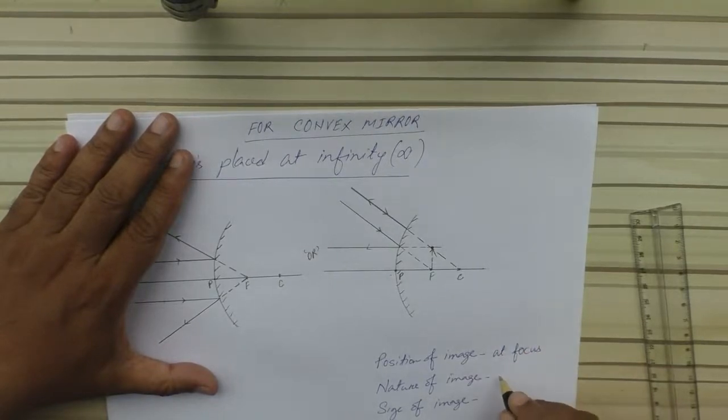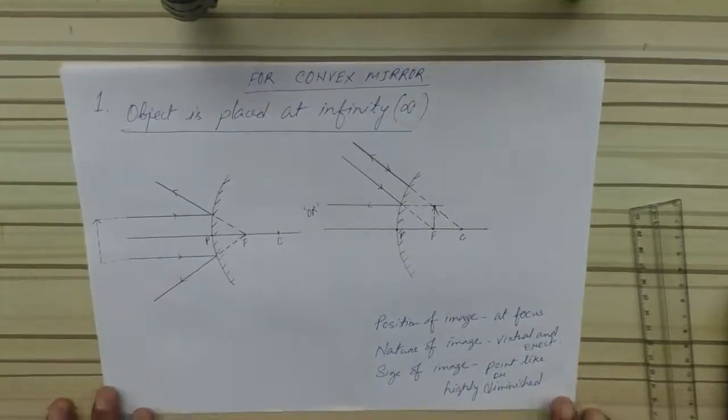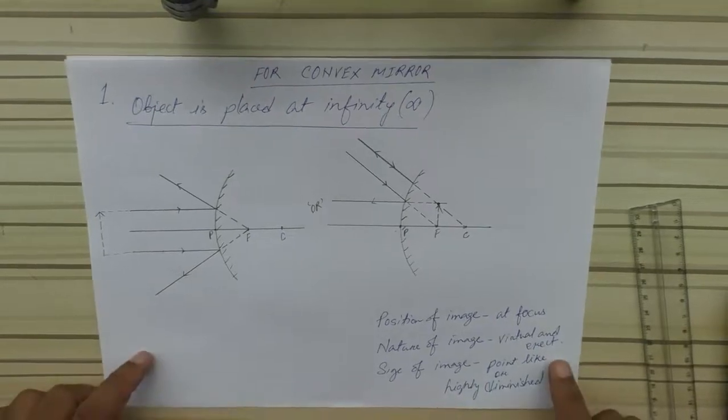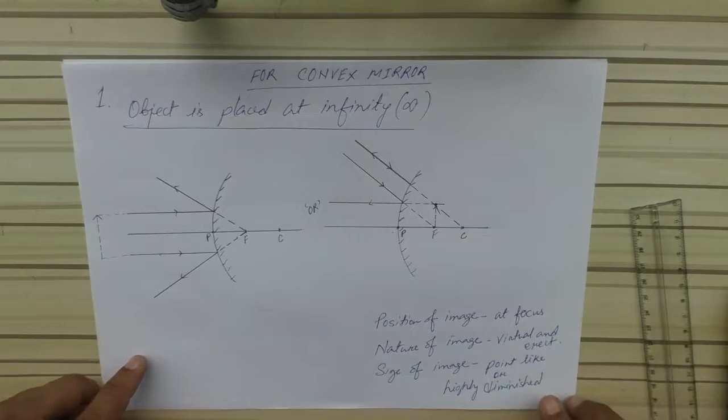Nature of image is virtual and erect. And what about the size of image? Size of image is point like, or we can say highly diminished. So, first diagram for convex mirror: object is placed at infinity, image is formed at focus, nature of the image virtual, erect, size of the image point like or highly diminished.